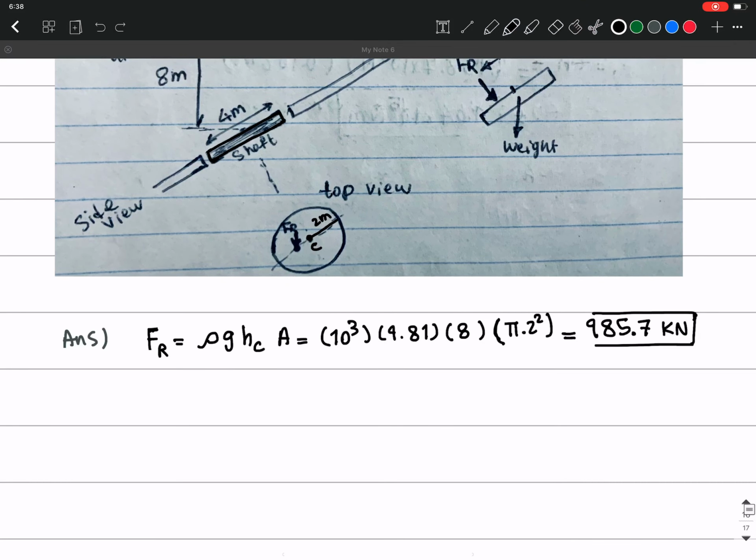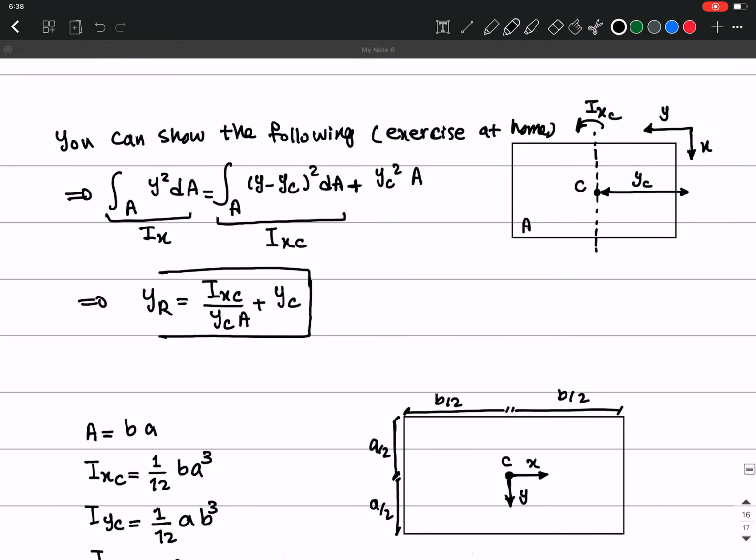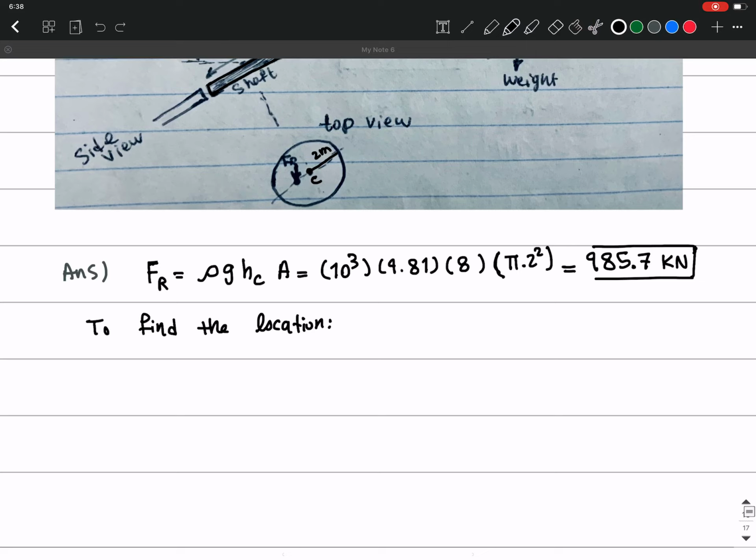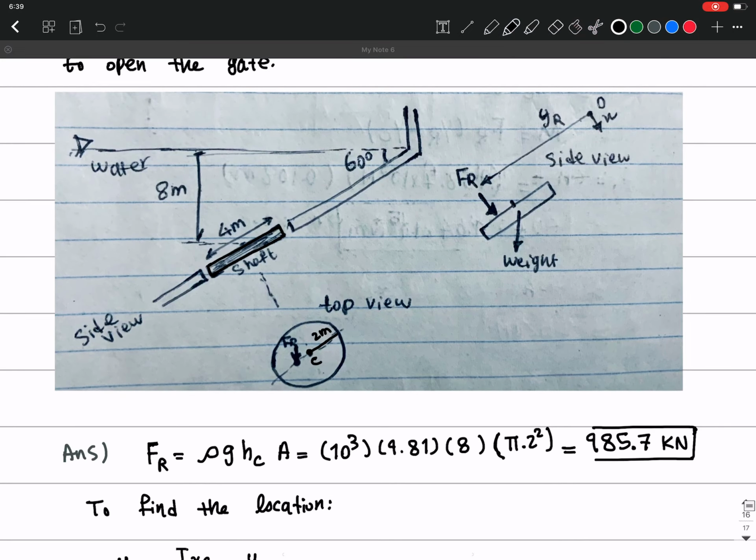To find the location, we use this formula: the location of the resultant force is YR equals Ixc over yc A, plus yc, the centroid.